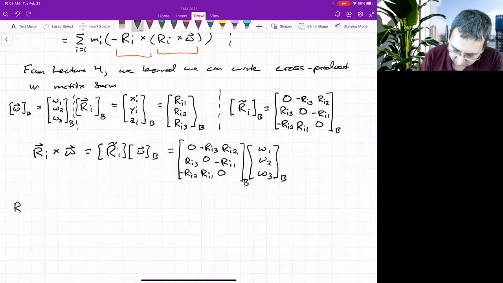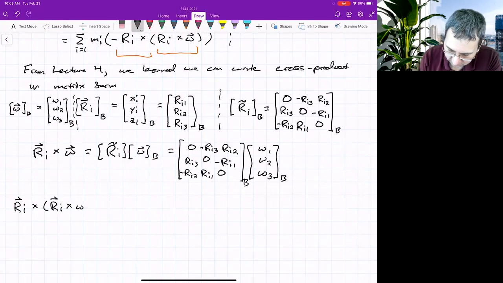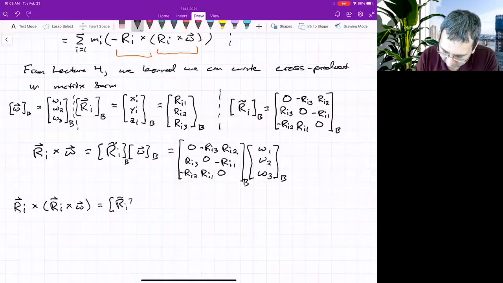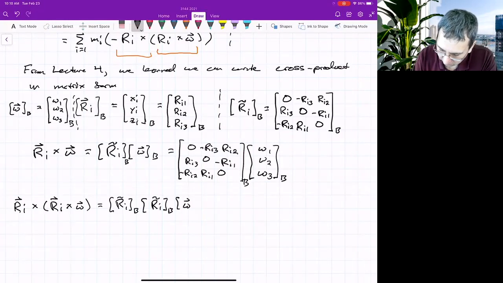So that means ri cross ri cross omega becomes, I guess I didn't put a subscript B up there, ri tilde times ri tilde times omega as a vector. And I think we had a minus sign out in front, so we could put minus, minus, minus.